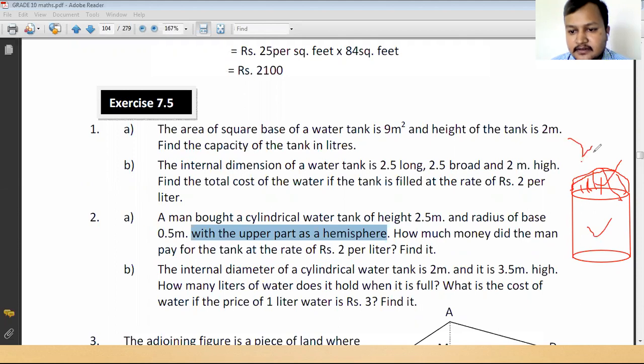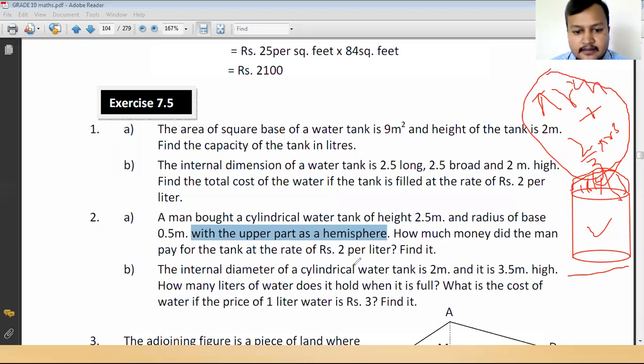The volume of a hemisphere is 2/3 pi r cube, and the volume of a cylinder is pi r square h. We have to add these two values and find out the total volume, then convert that into liters by multiplying by 1000, because these are given in meters, so the volume comes in meter cube.